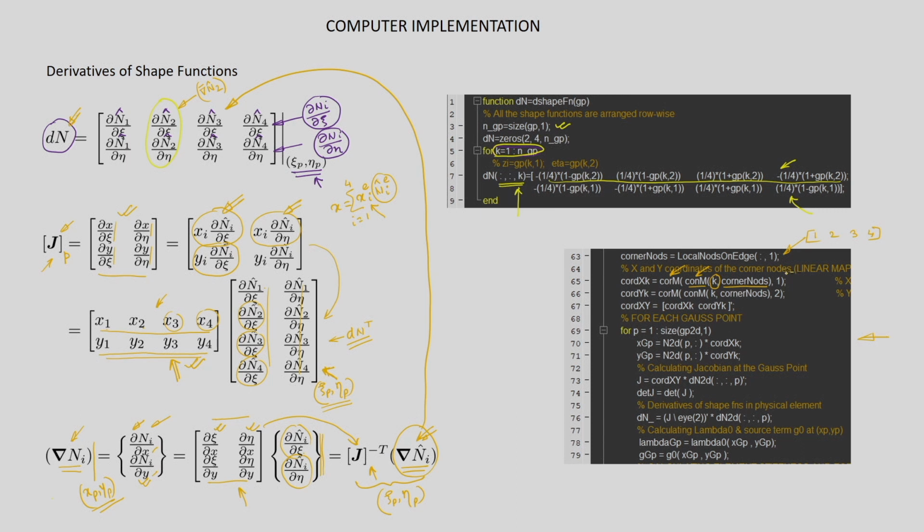The first column of the coordinate matrix gives us the x coordinate, so we are saving it in coordinate xk. This is giving us the entire row of this coordinate matrix x1, x2, x3, x4.